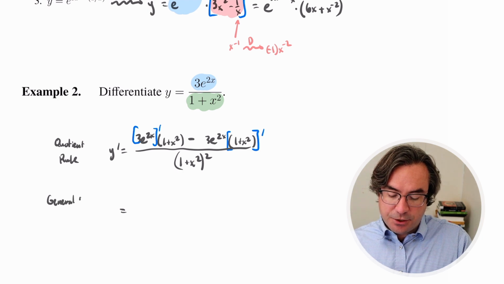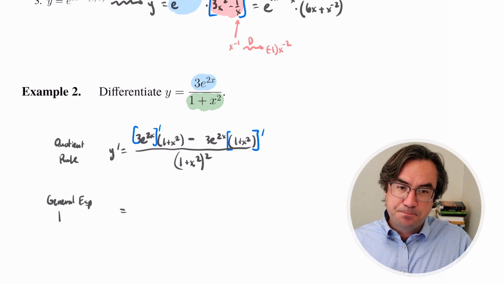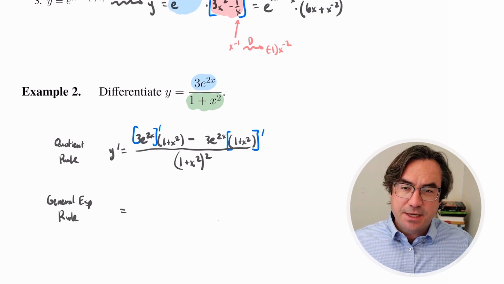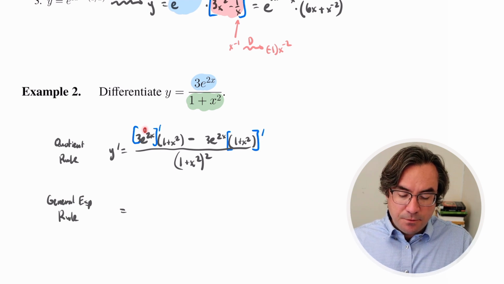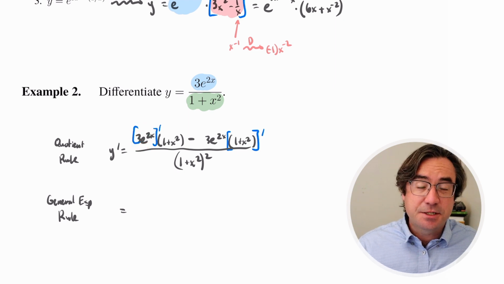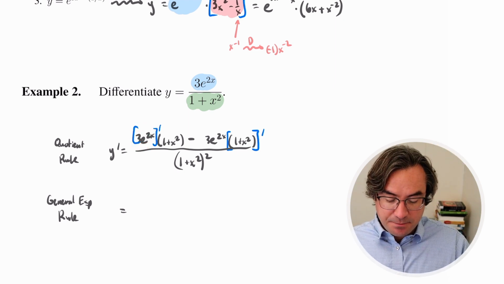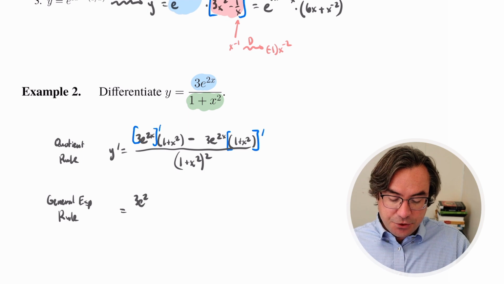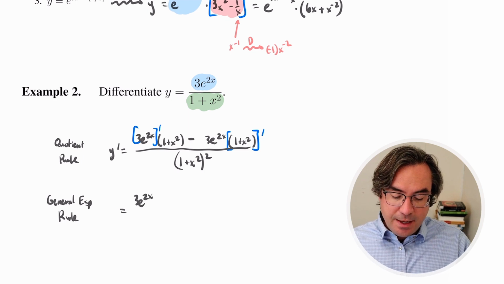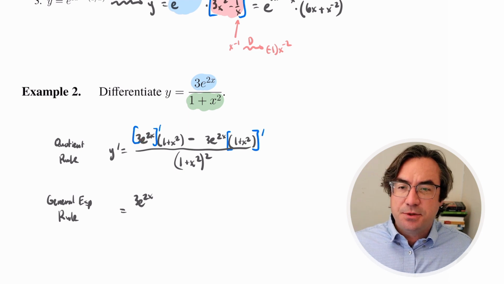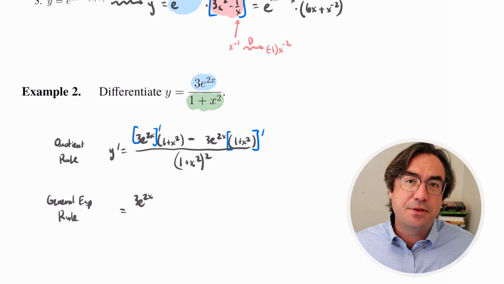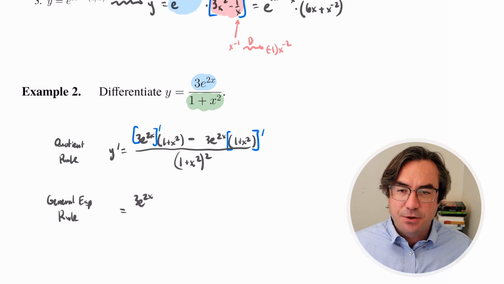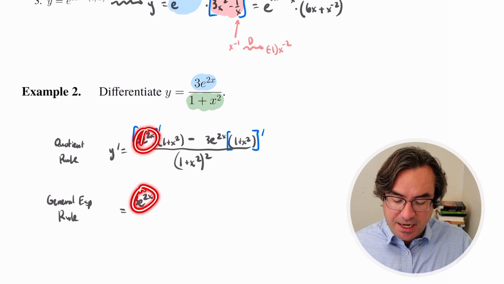So how's that going to look? Well, first, when we differentiate this, the exponential just stays exactly the same. So we're going to have 3e to the 2x. And the 3 is just a constant multiple, so it kind of sticks around there with the exponential as well. So it just looks the same.